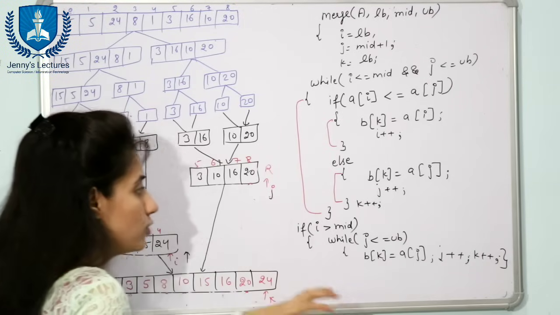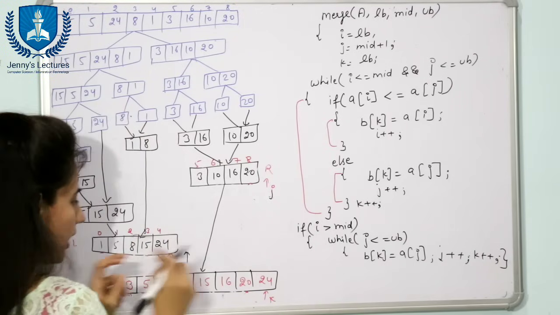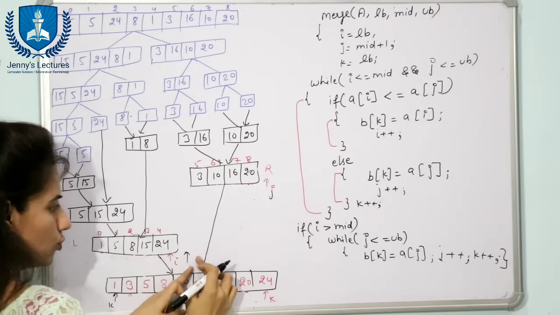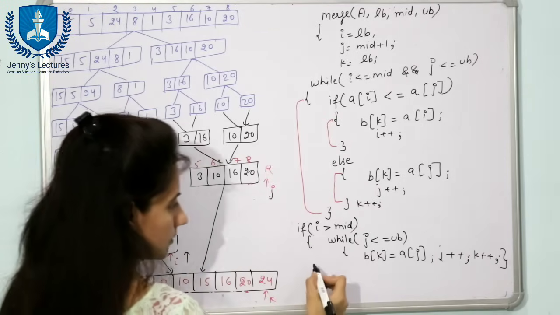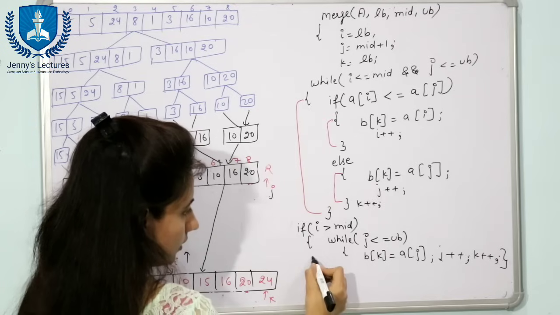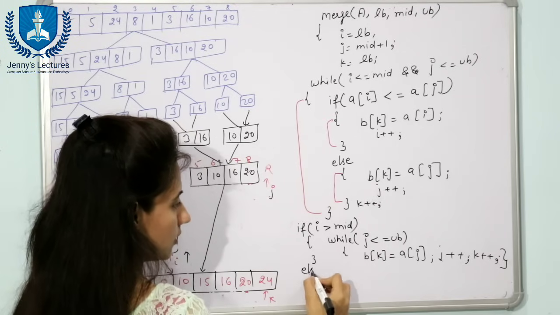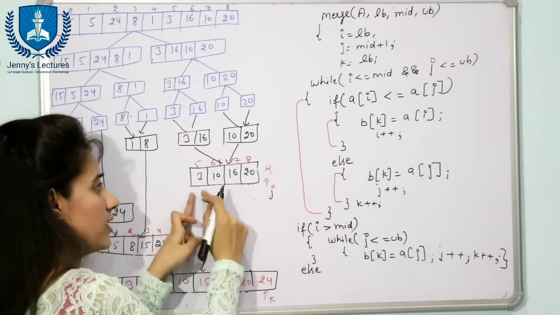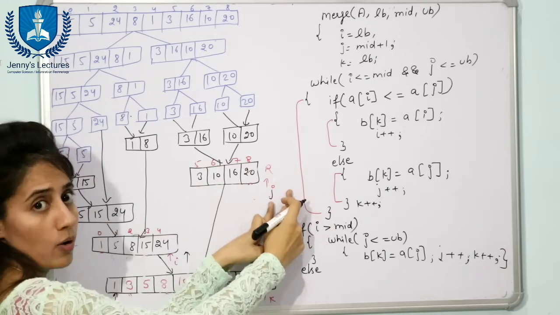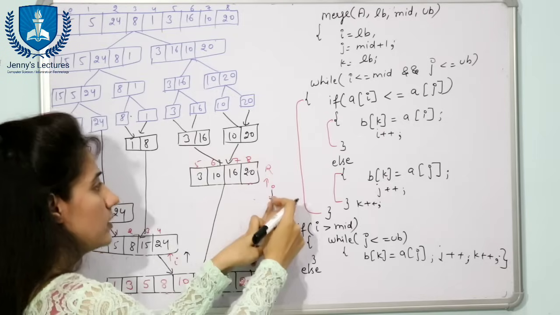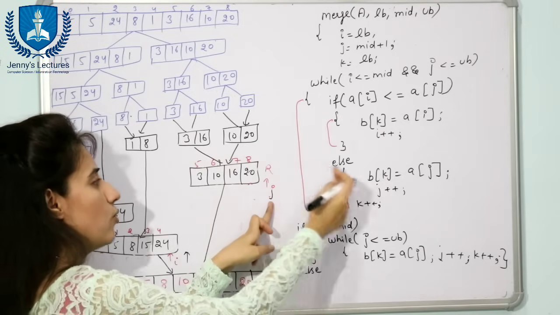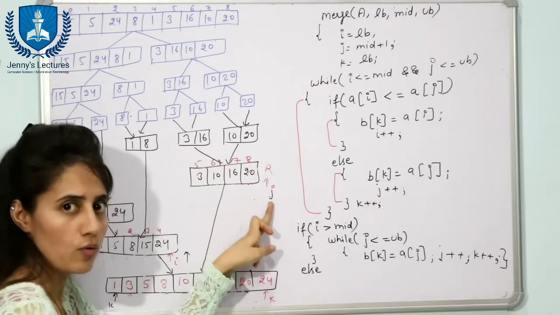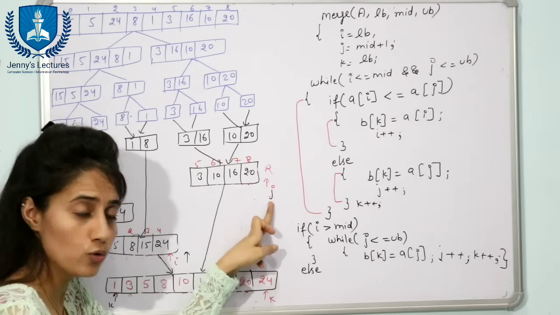Okay. Now second case is there. Here i has reached greater than this mid, else, here if has been closed, else if j has reached beyond its upper bound limit, that is j is now greater than upper bound. So now what you will do?